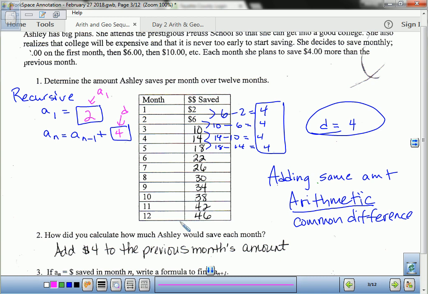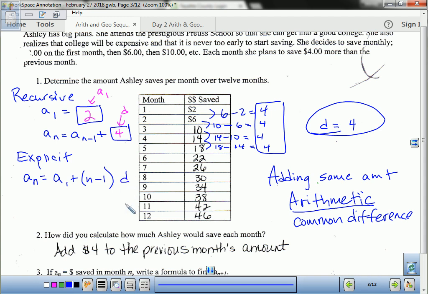Now, recursive formula is helpful for some sequences, but not really at all for an arithmetic. The recursive formula is the only way we can explain some sequences. All right. The second formula we looked at was the helpful one, the explicit. And the explicit helps us find any term in the sequence. And this is that formula.